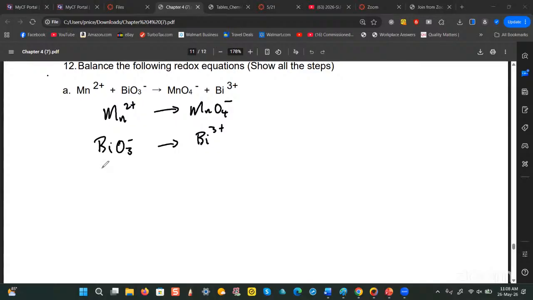After separating into two half equations, the next step is finding what's oxidation, what's reduction. Well, I mean, we know that this is oxidation. And this is reduction. But there's an important step after separation of the two half equations. There is an important step.